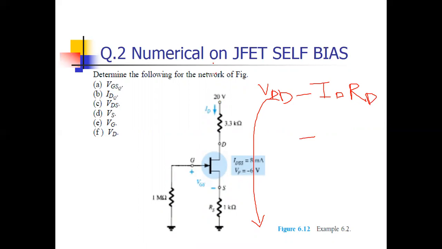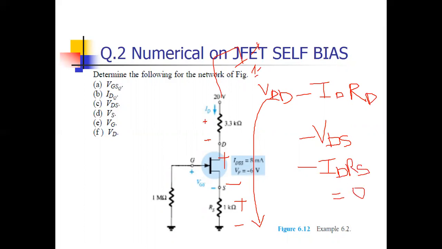Remember, here again, you are moving from minus to plus, that's why the sign is plus, then plus to minus, that's why minus VDS, and again plus to minus, that's why minus ID RS equals 0.